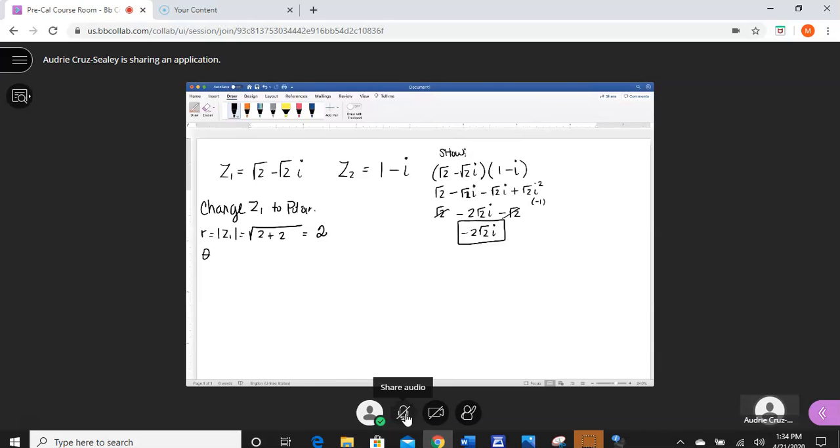And theta would equal tangent inverse of negative square root of 2 over square root of 2, which equals tangent inverse of negative 1. Are we okay?